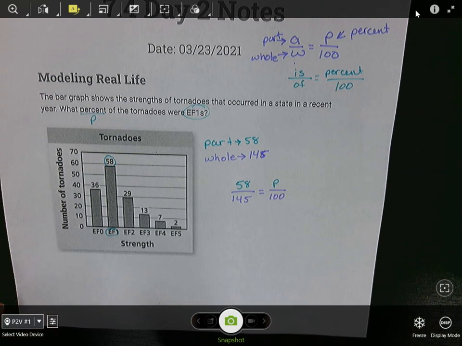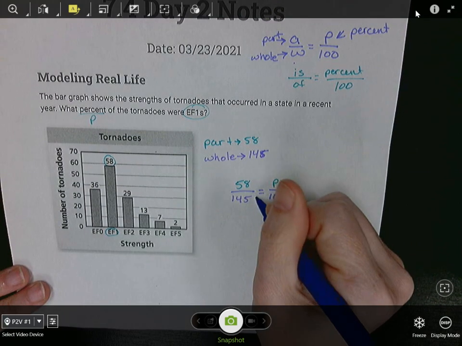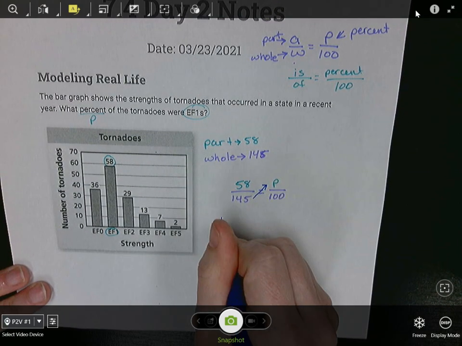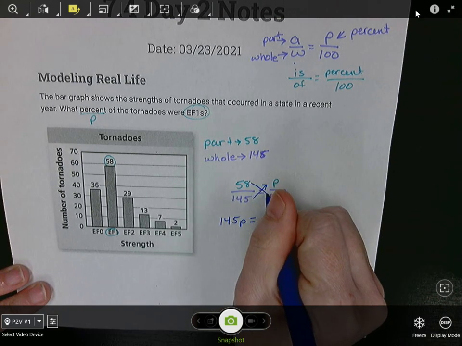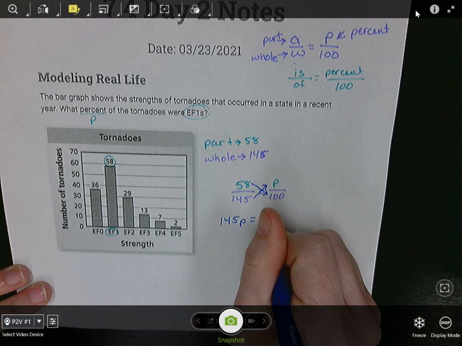Now to solve for P, we just cross multiply. The first thing we do is 145 times P equals 58 times 100, which is 5,800.